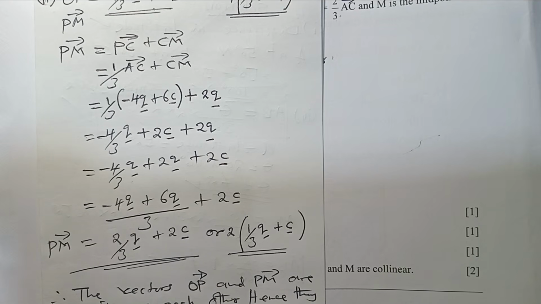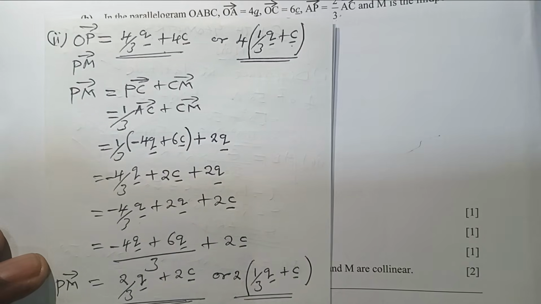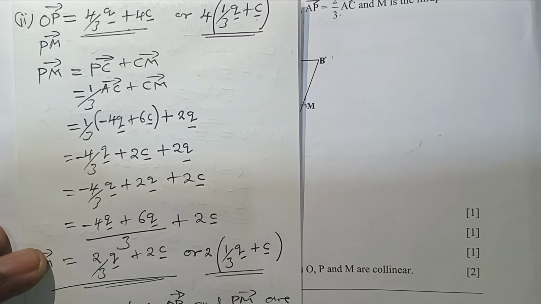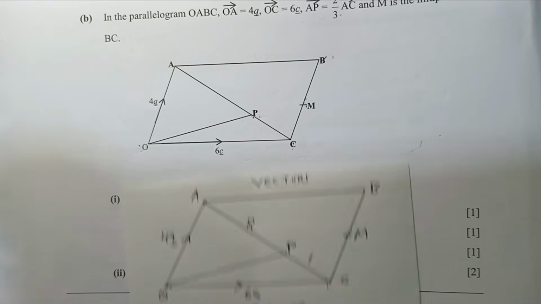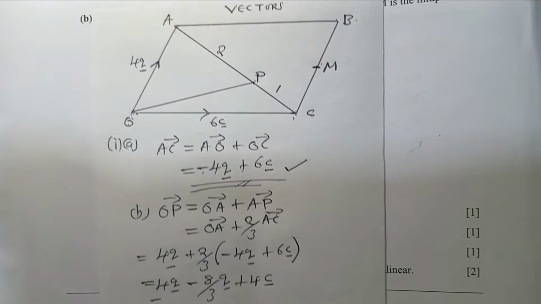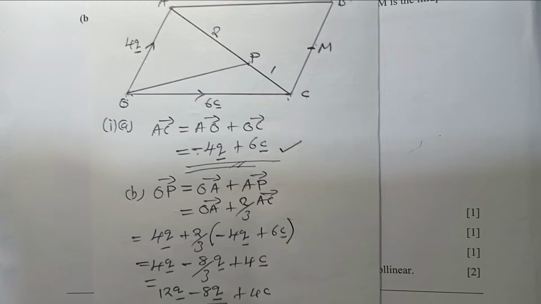You simply find the vectors connecting those points, and the solution is to show that if each of the vectors is a scalar multiple of the other, then they are within the same line, or they are collinear.